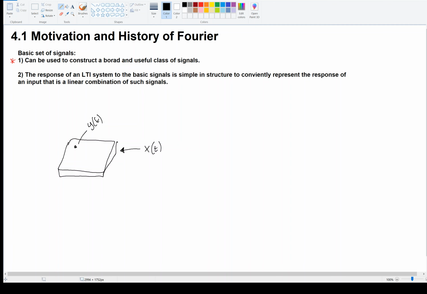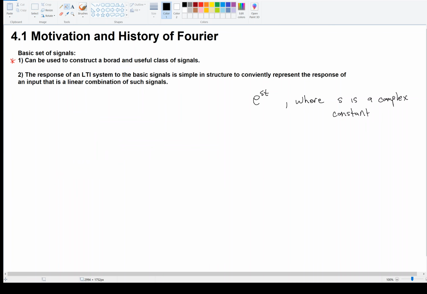So that kind of brings up this first point here. It turns out that complex exponentials, so we'll just write it like this, e to the st, where s is a complex constant, can be used to construct a broad and useful class of signals.